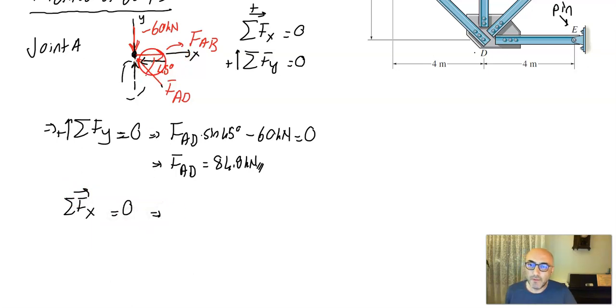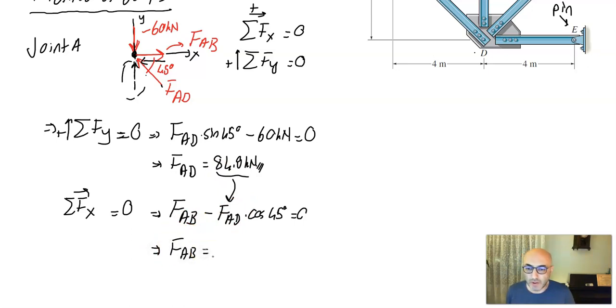So we have force FAB minus the x component of FAD, which is FAD times cosine 45 degrees, equal to 0. FAD is found from the previous equation. If you substitute that into the new equation, you get FAB equal to 60 kilonewton.